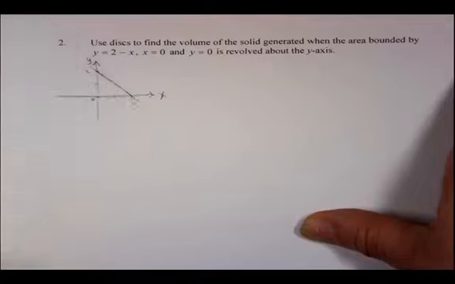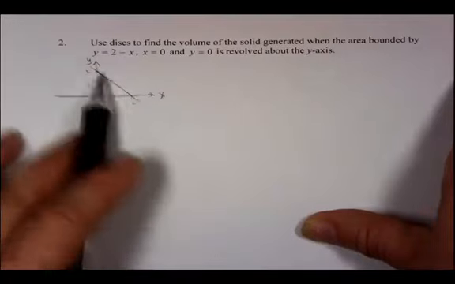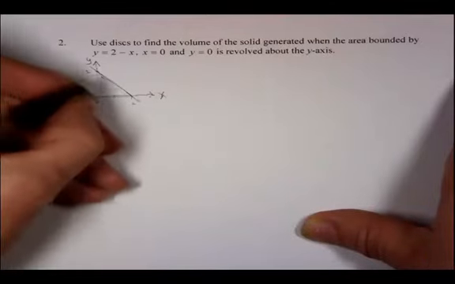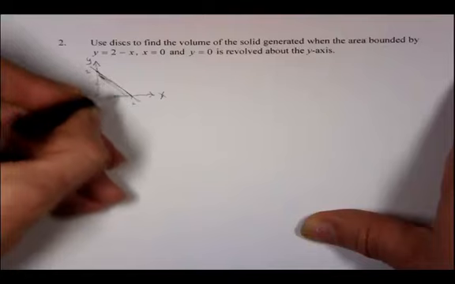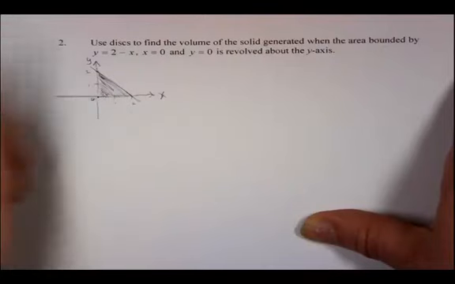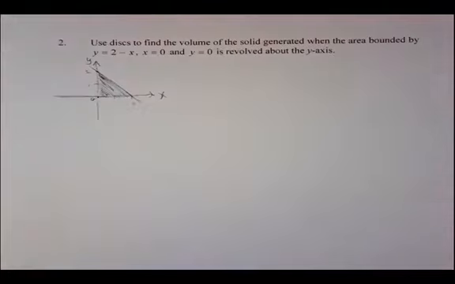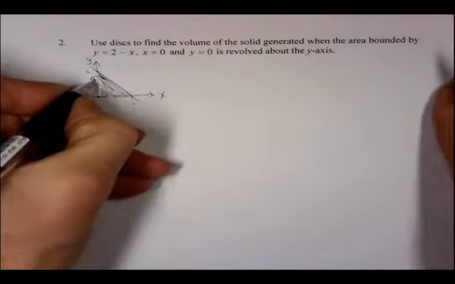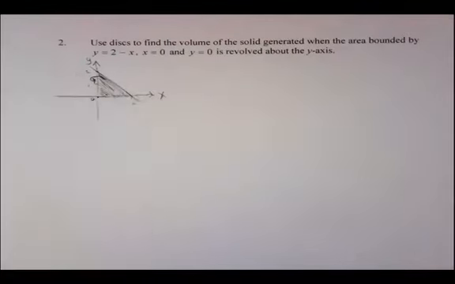We're looking at the area bounded by this line, x equals 0 and y equals 0, so it's the same area as the previous question. But that's to be revolved around the y-axis now. So it's a volume of revolution, and we get that by taking that triangle and revolving it around the y-axis, and it carves out a volume for us.